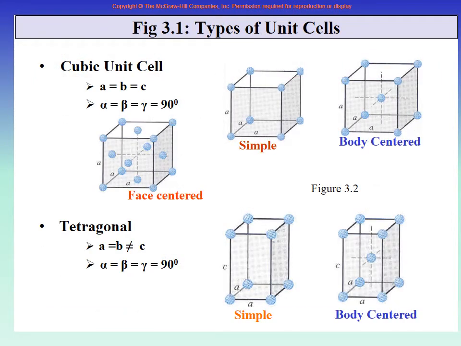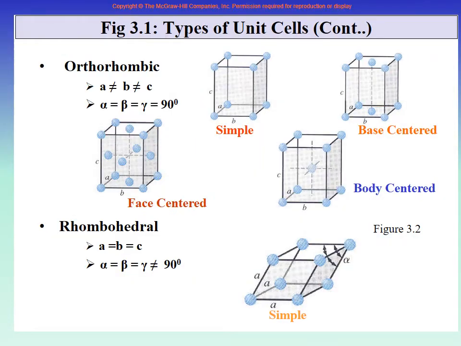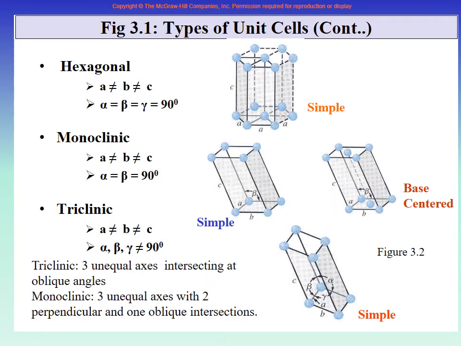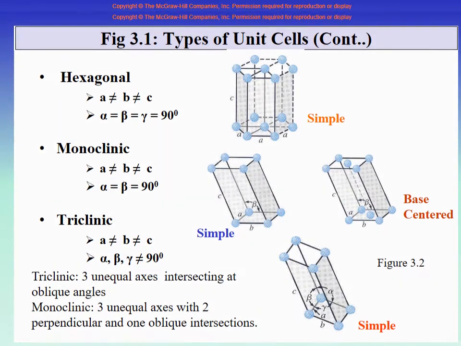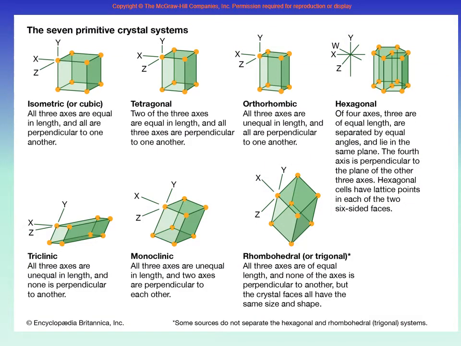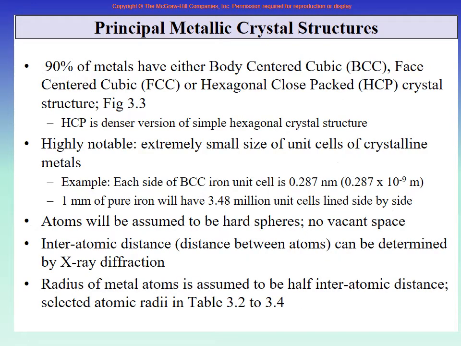Here we are showing you the cubic unit cell, simple, body centered, face centered; the tetragonal one, simple and body centered; the orthorhombic, simple, base centered, face centered, body centered; the rhombohedral one, only centered; the hexagonal one, simple, then monoclinic, then triclinic. And then I showed you another slide where many of these are repeated so that you can re-strengthen the topic.